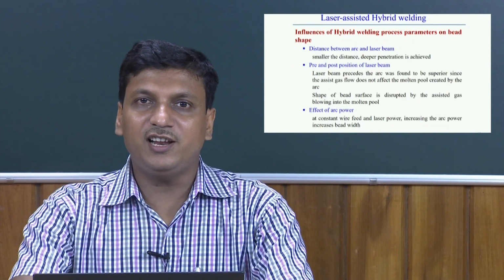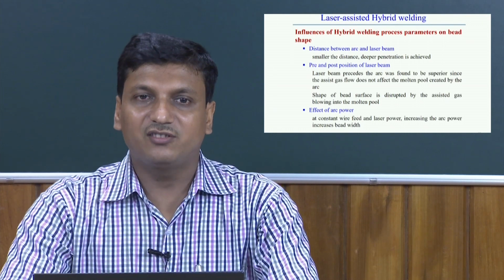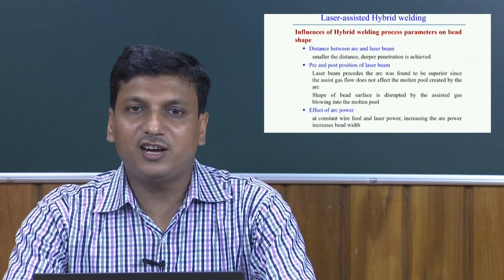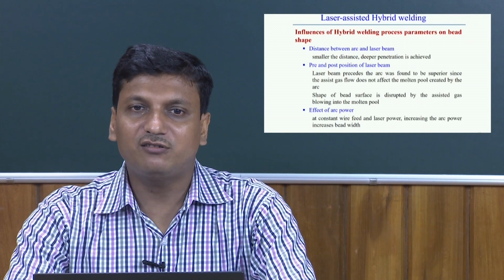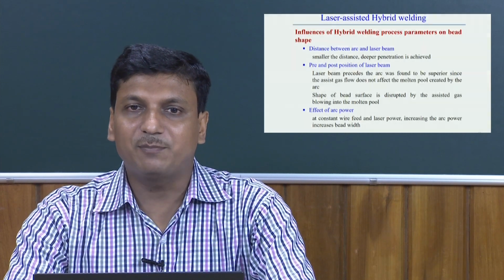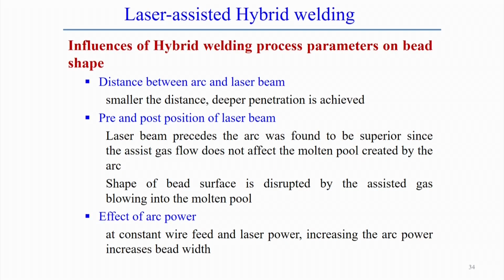Now, in general, let us analyze the influences of the hybrid welding process parameters specific to the bead shape. The bead shape is influenced by different parameters. First is the distance between the arc and the laser beam. If the laser beam and arc are too close to each other, deeper penetration is assumed.